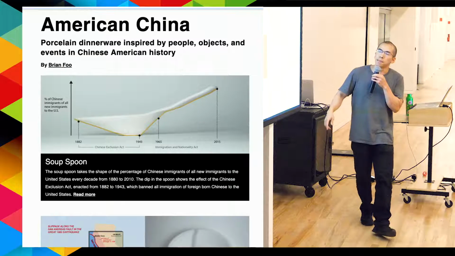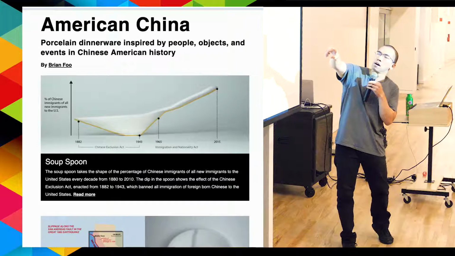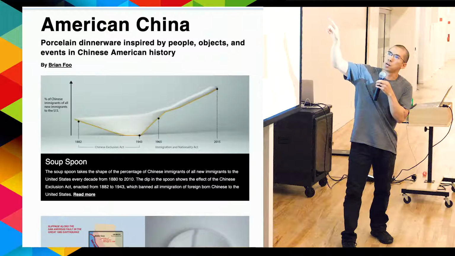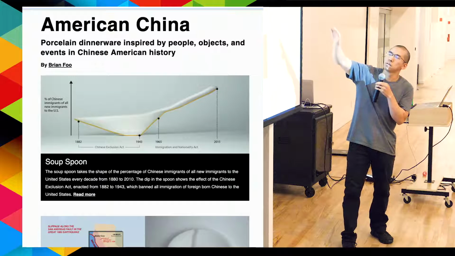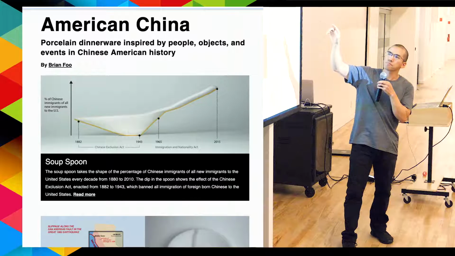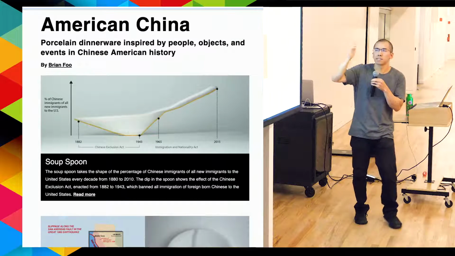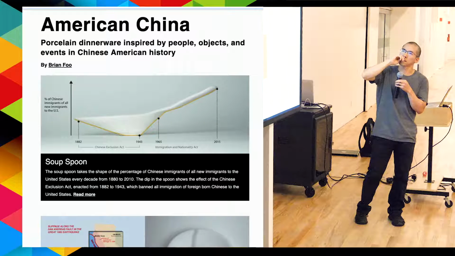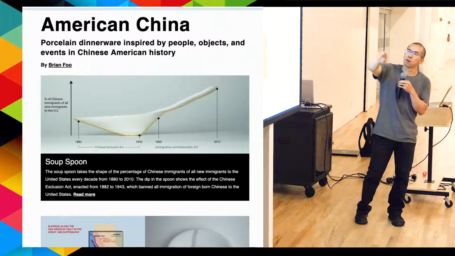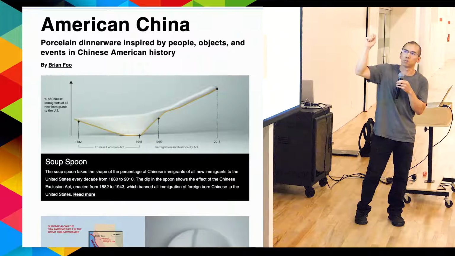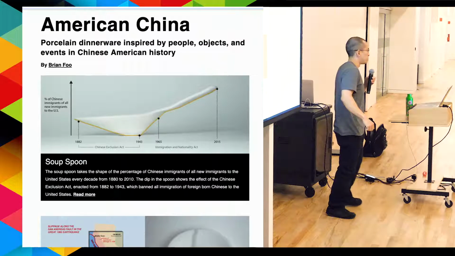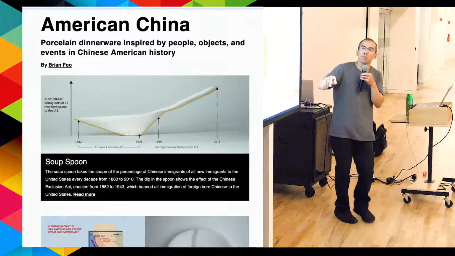This is a graph of Chinese immigrants, new immigrants, over time. I plotted this data, and I looked at it, and it looks like a soup spoon. So this is a profile of a soup spoon that shows this data over time.